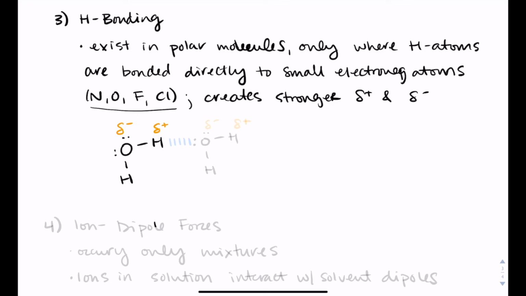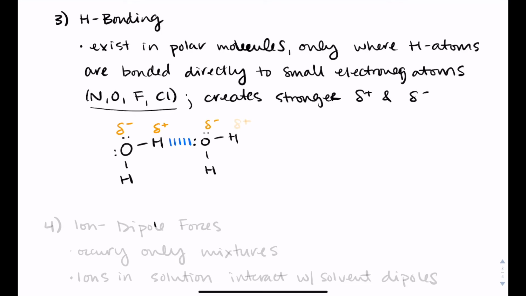The hydrogen bond is specifically the interaction between that hydrogen with the partial positive and one of the lone pairs of electrons on the oxygen of another molecule. So hydrogen has to be connected to nitrogen, oxygen, fluorine, or chlorine, and then that hydrogen has to interact with the lone pair on one of those atoms on another molecule.